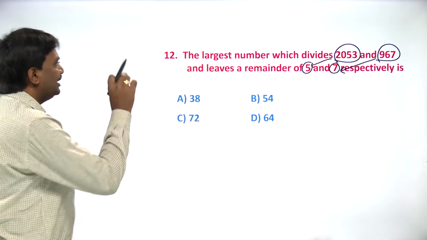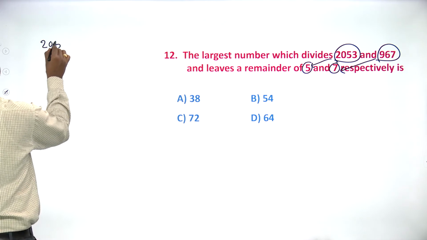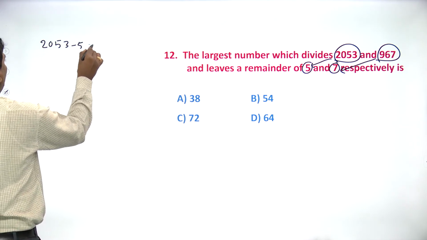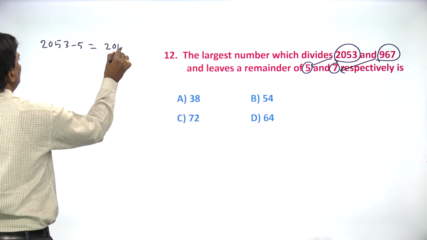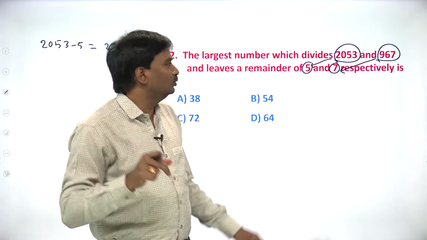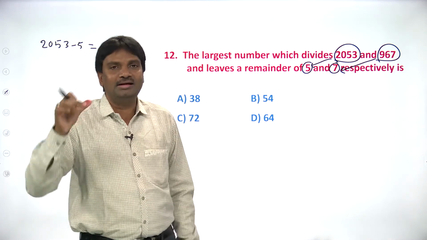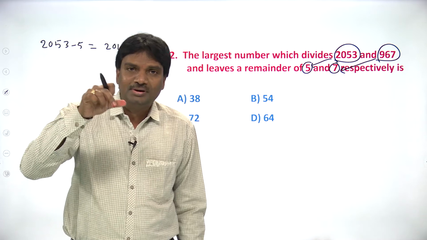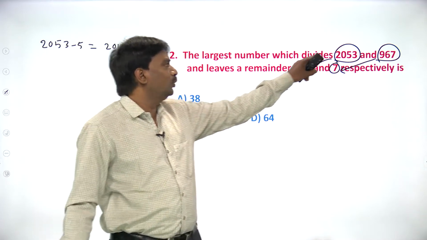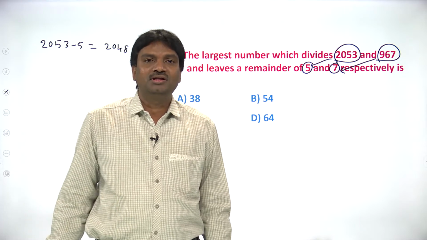So, if we subtract the remainder 5 from 2053, we get 2048. If we subtract that 5 from 2053, then the remainder will be 0.